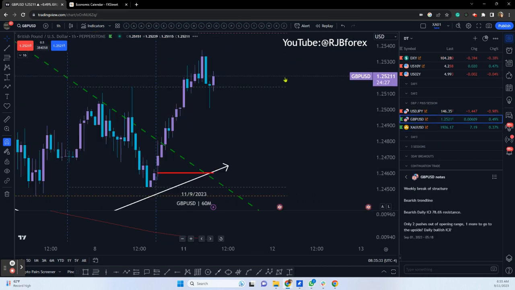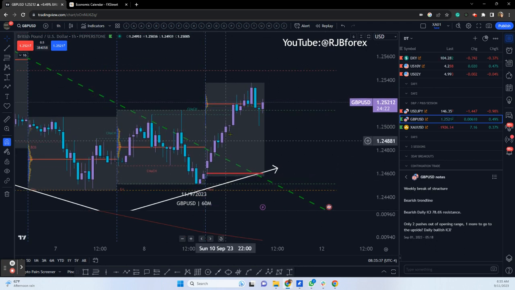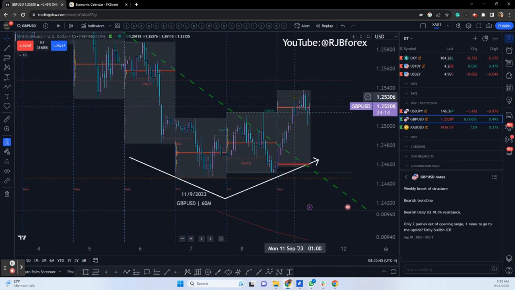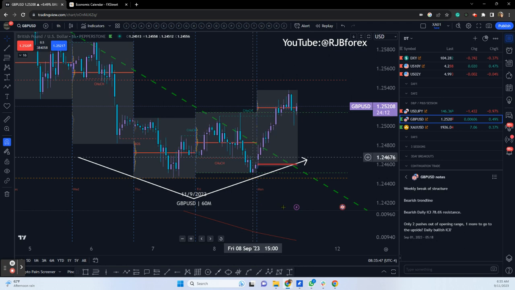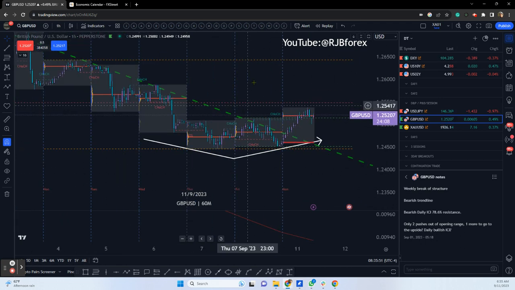Right, pound. Pound is up high on the day, so we're looking for shorts. We are front side of the old bearish trend, however.